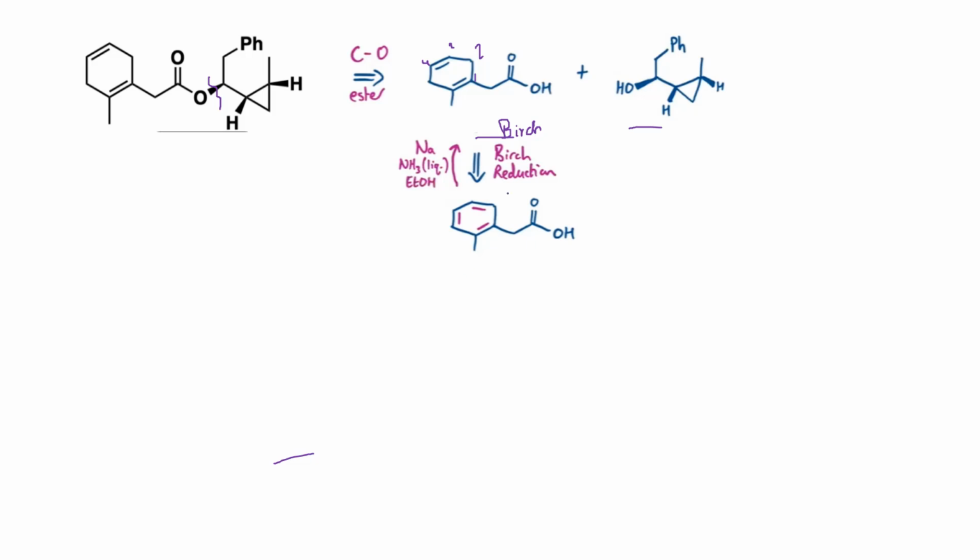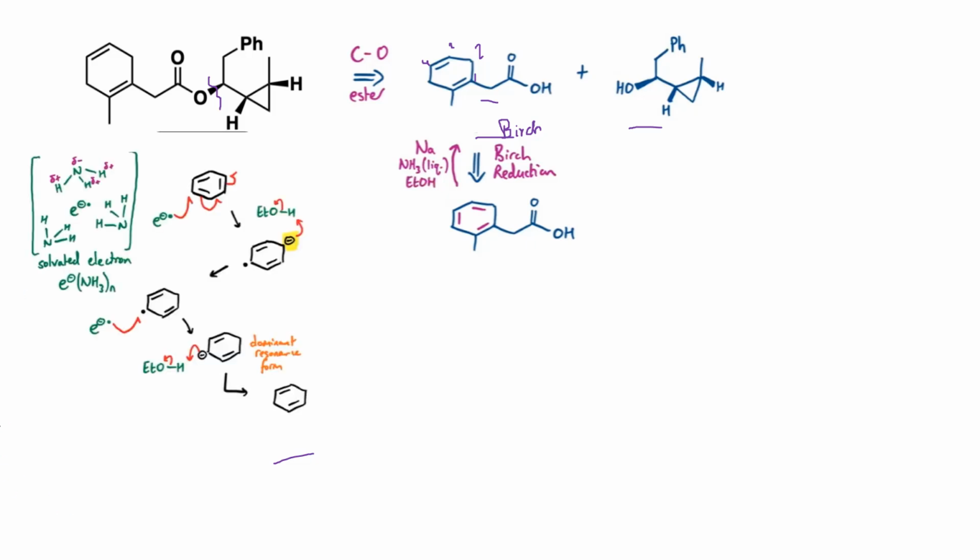If you just perform the Birch reduction of this compound, you will get this 1,4-diene. So if you don't know about the Birch reduction, in case of Birch reduction, 1 electron from sodium will attack this benzene ring. The double bond will shift.